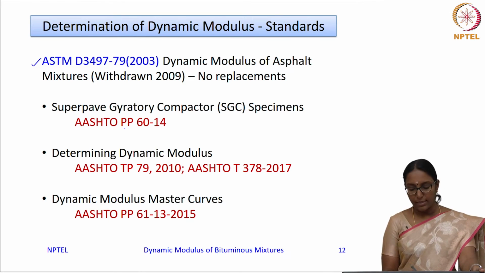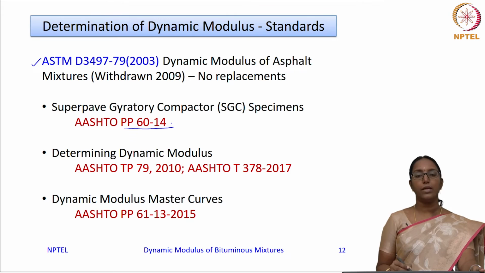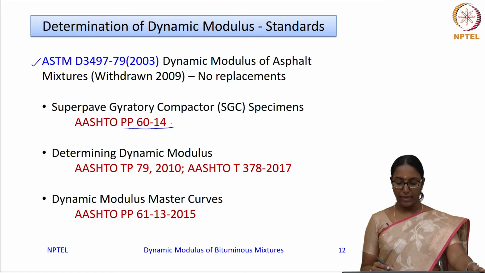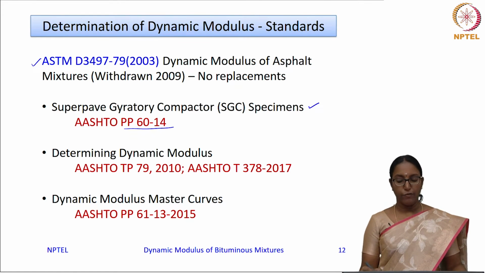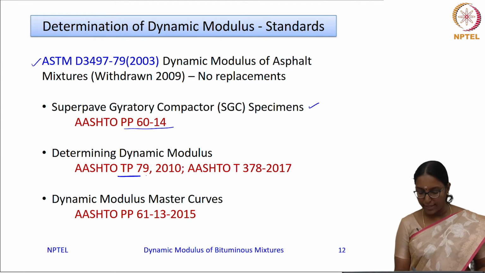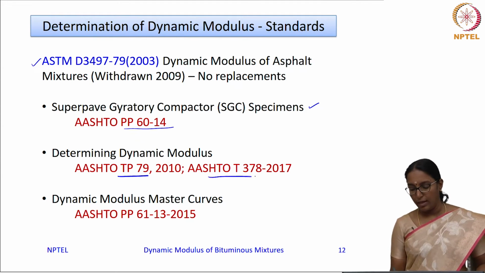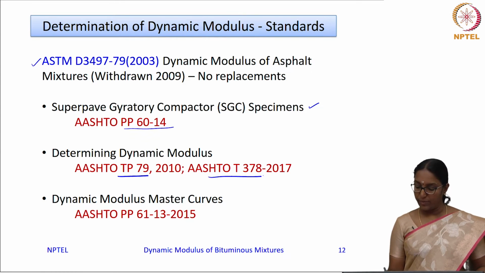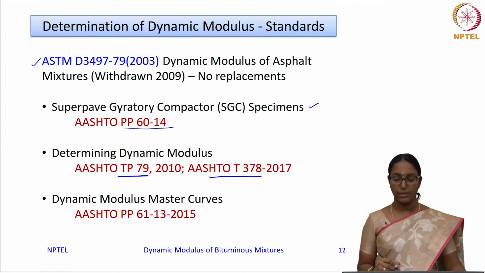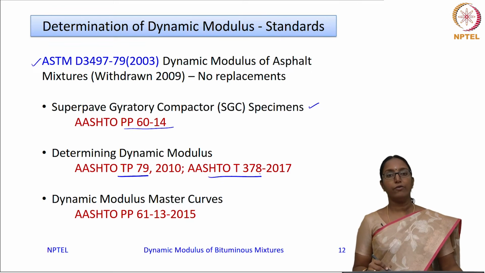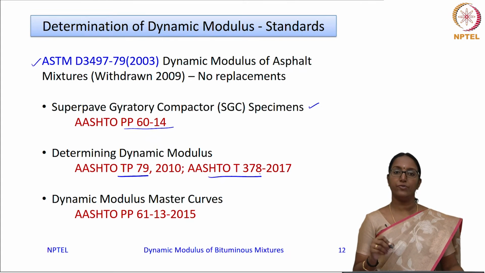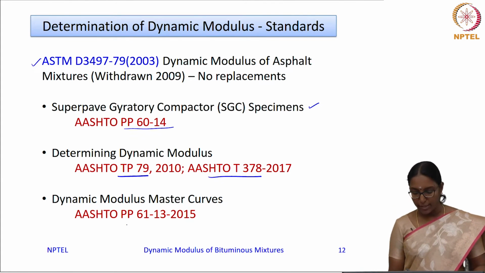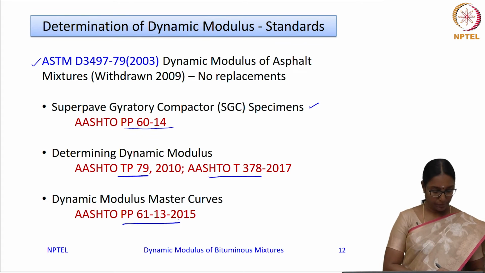AASHTO TP60 14 is used for the preparation of gyratory compacted specimens for the test. And then for the determination of dynamic modulus, you have AASHTO TP79, which was later released as AASHTO T378. And for the preparation of master curves from this dynamic modulus data, you have AASHTO PP61.